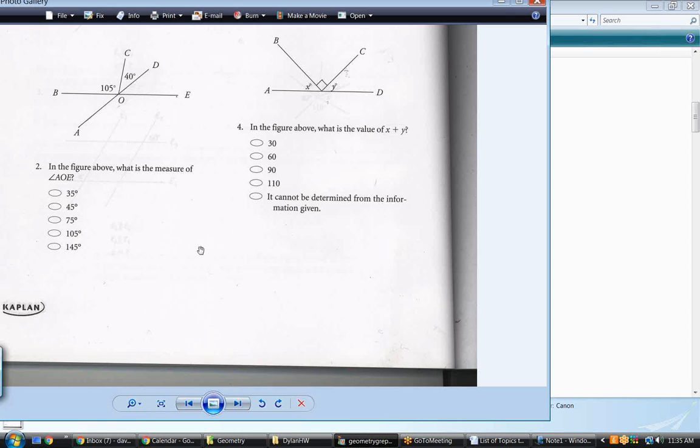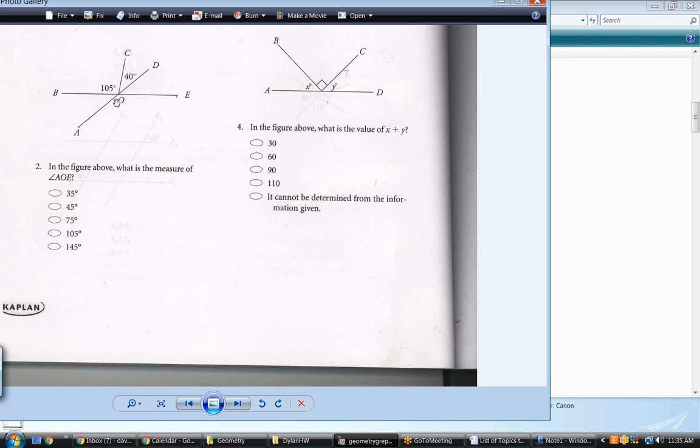AOE has only one vertical angle. What is it? BOD, right? In other words, you have to eliminate this line from your mind to see it. What you're looking at is two lines that cross.